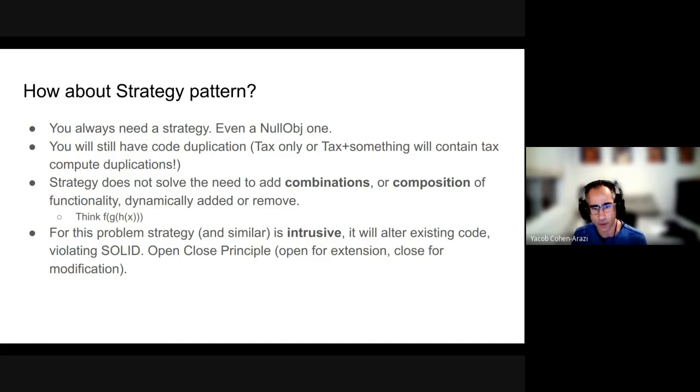So composing doesn't really work with strategy, and it's intrusive, in the sense that if I want to introduce strategy, I need to start adding and removing things, and it's kind of violating that. It's kind of between decorator and the explosion of types of the first approach, but it's less suitable for what we're trying to do here.